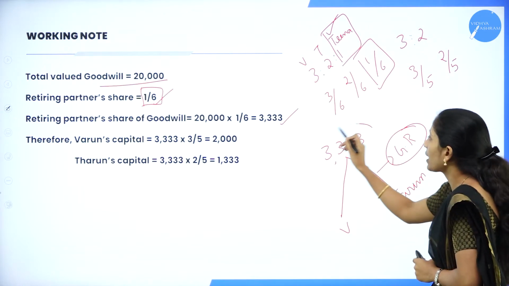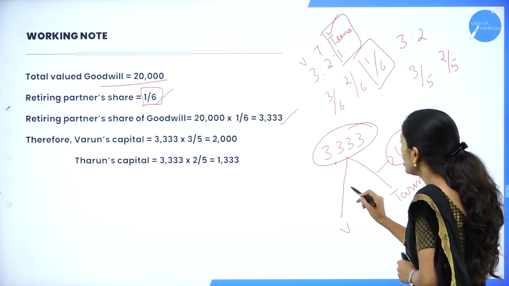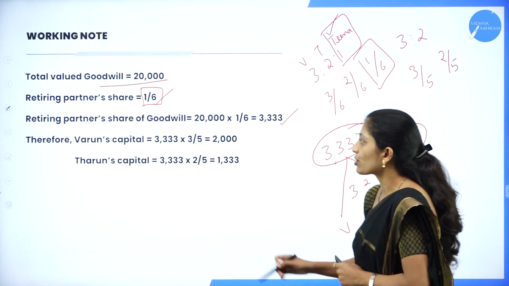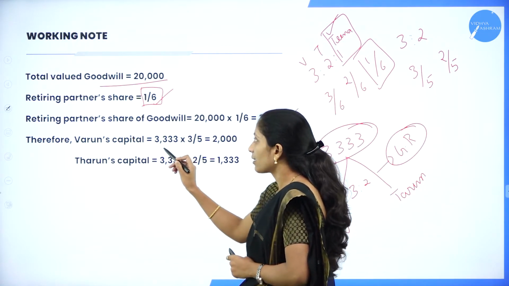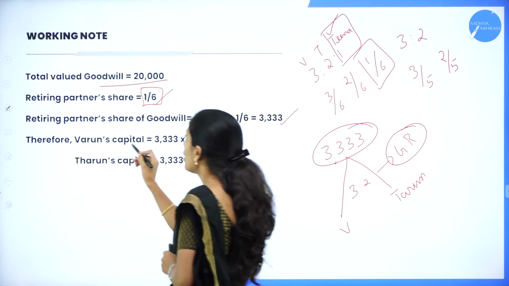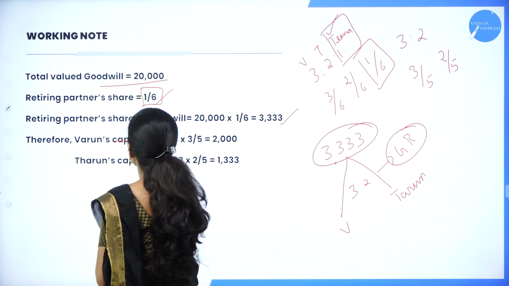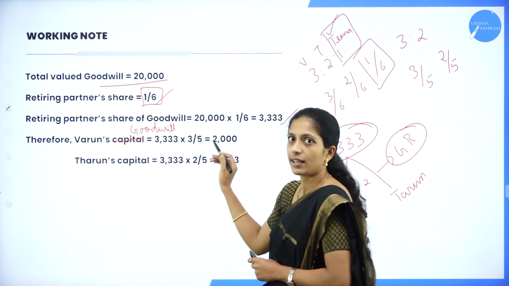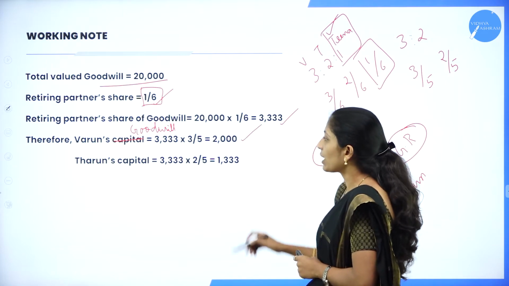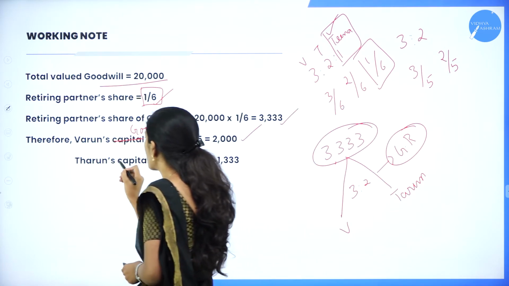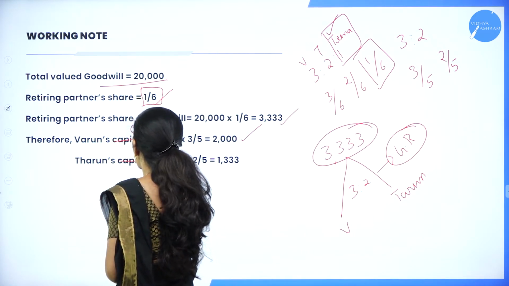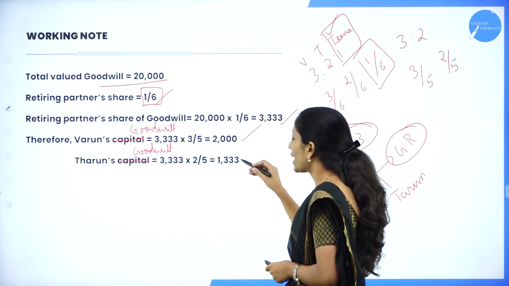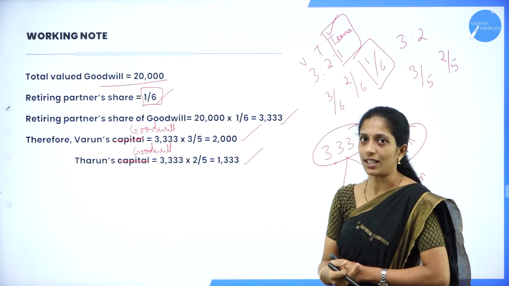So this amount has to be distributed in the 3:2 ratio. Varun's share of goodwill, not capital, Varun's goodwill, is 3,333 into 3/5, which gives 2,000. In the same way, Tarun's goodwill is 3,333 into 2/5, which gives 1,333.